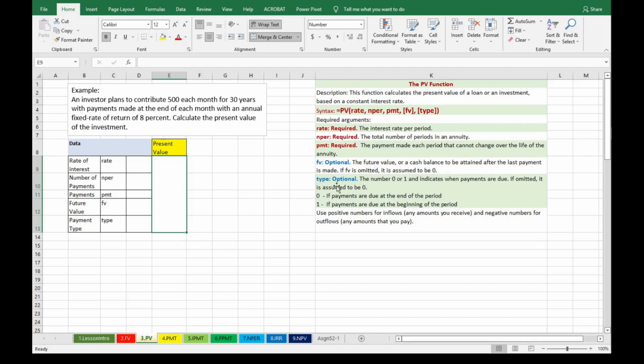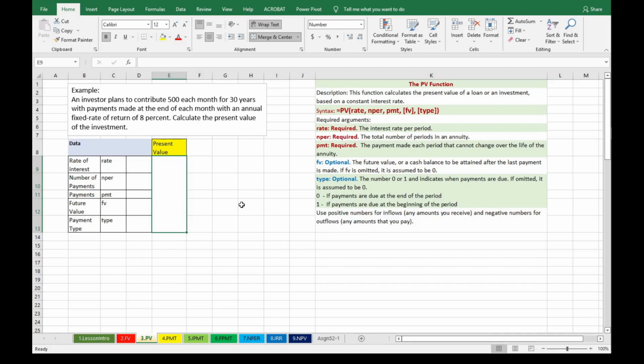Then the type argument is an optional argument. This is the number 0 or 1 and indicates when payments are due. If omitted, it is assumed to be 0. 0 means the payments are due at the end of the period, and 1 means the payments are due at the beginning of the period. Now we need to again remember to use positive numbers for cash inflows and negative numbers for cash outflows.